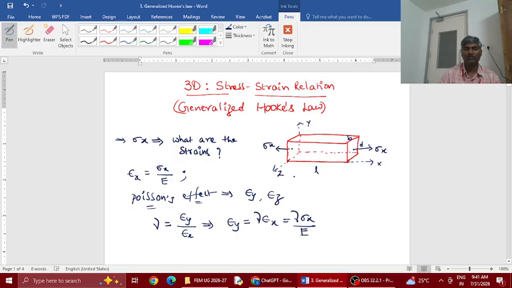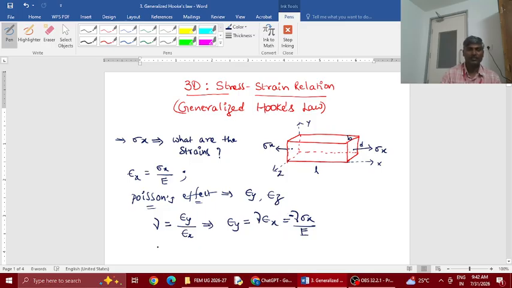When you talk about the nature or the sense, this is trying to elongate the dimension L, so we say it is tensile. As this dimension elongates, B and D are trying to reduce. That is opposite, so we need to give a negative sign.